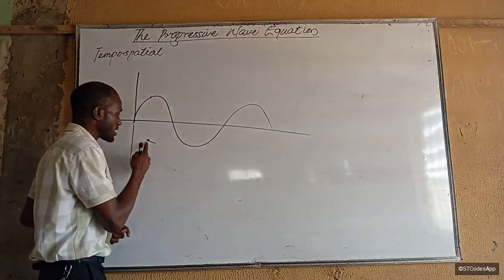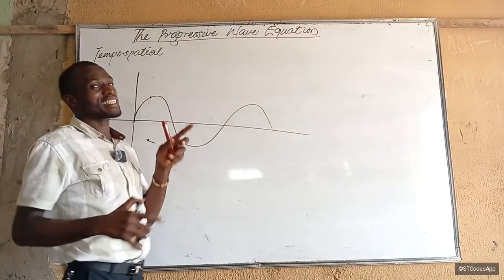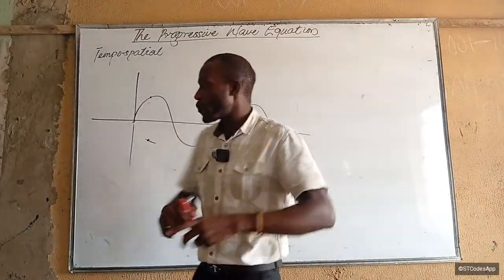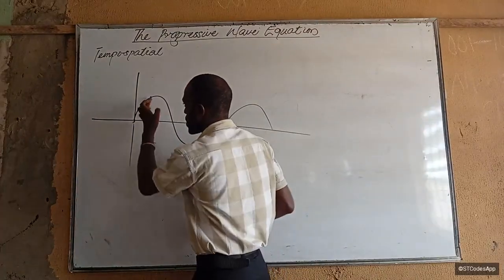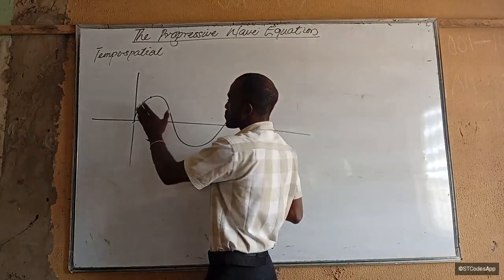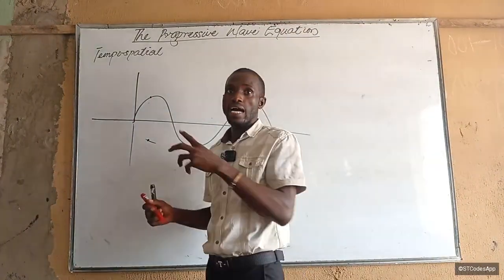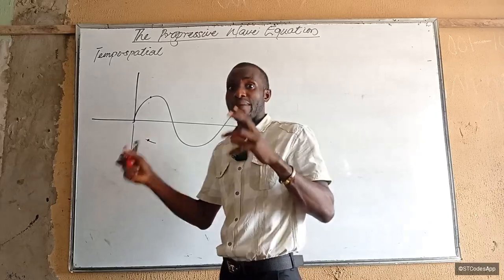Notice that the points are equal, right? So when we are describing it, it is not the same particle, okay? But because they have the same phase, they are said to be in phase. Because their phases are the same, they are similar waves, similar particles.